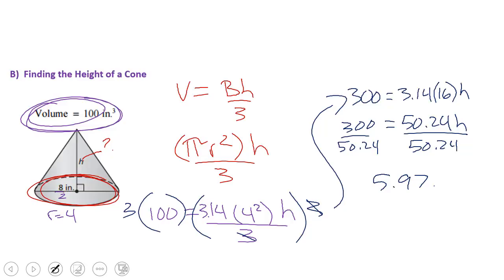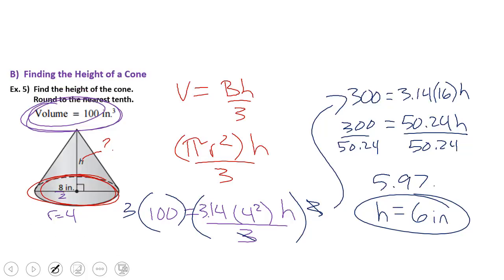I really don't think they have a height that's exactly 5.97, so I'm going to make the big boy decision and say the height is 6 inches. We're going to round that to 6 inches because that's close enough. If I used the actual value of pi, 3.14156 and on, it probably would have turned out to be exactly 6 anyway. Let's do it one more time.